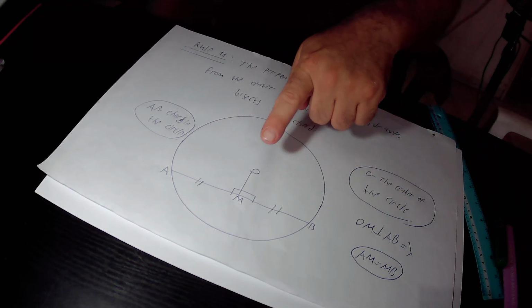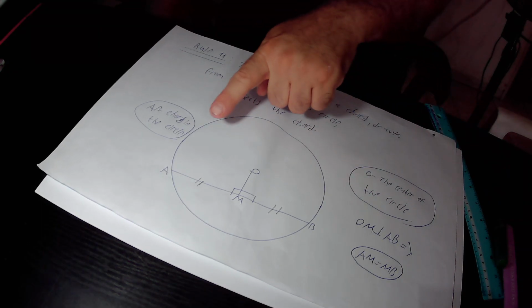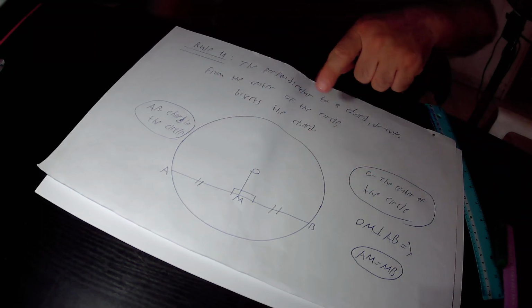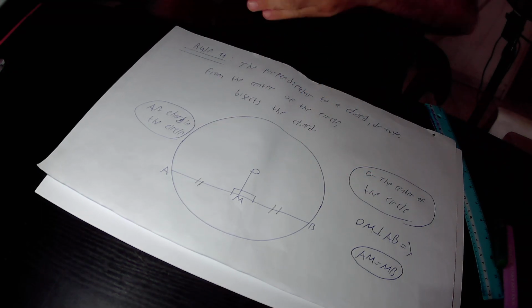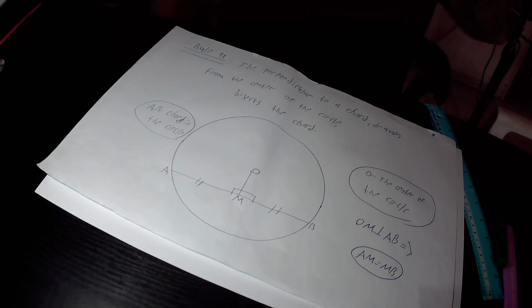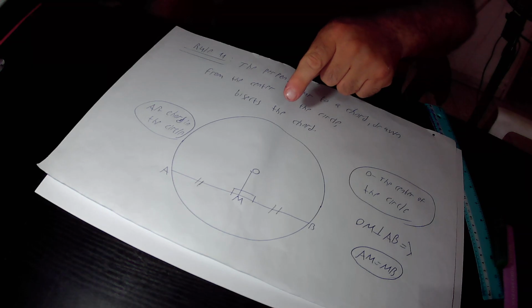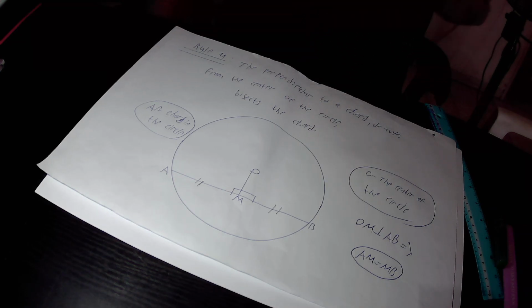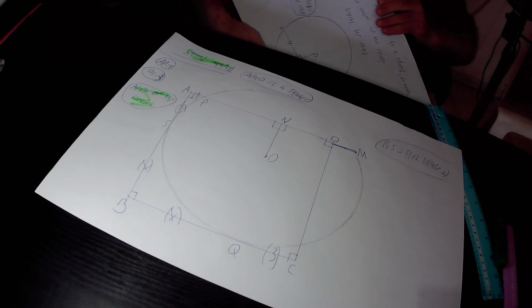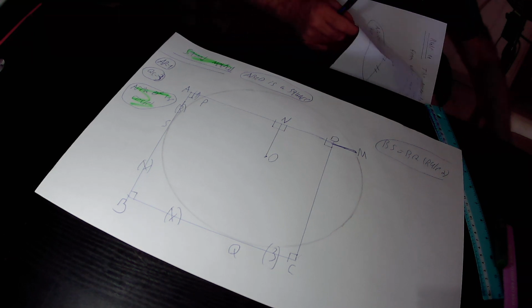If perpendicular OM bisects chord AB, it means that AM equals MB, according to rule 11. So whenever you draw a perpendicular from the center of the circle towards any chord, it will bisect the chord. So I can implement rule 11 in our drawing.